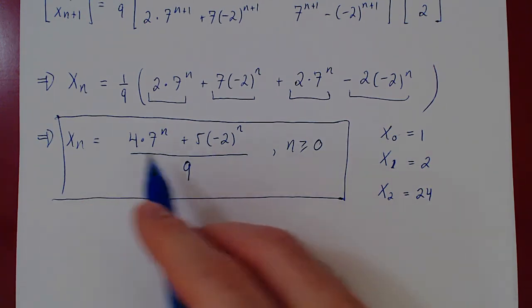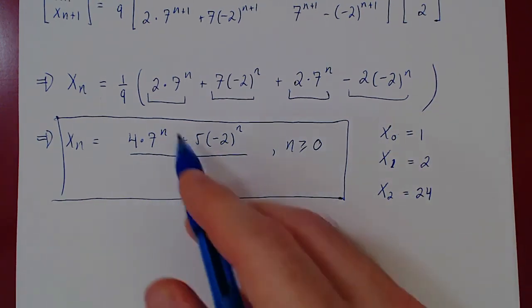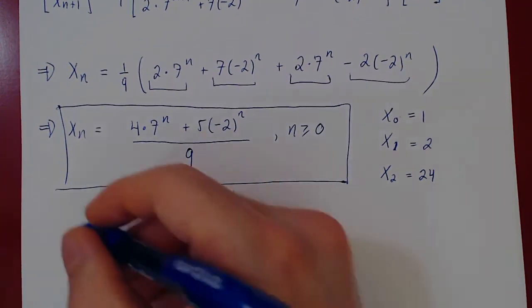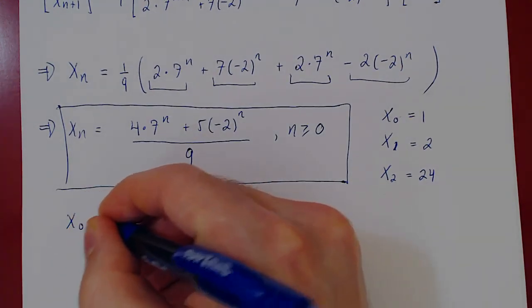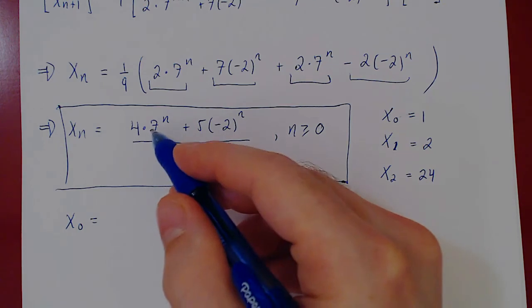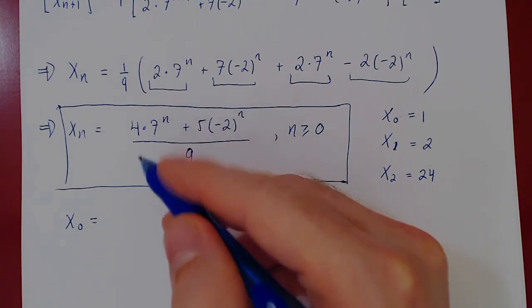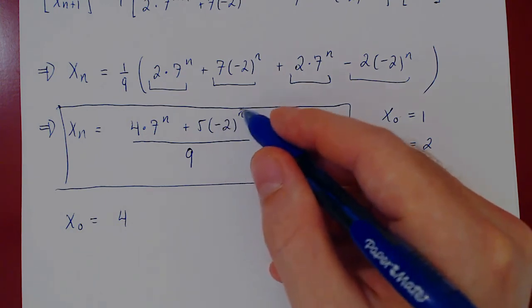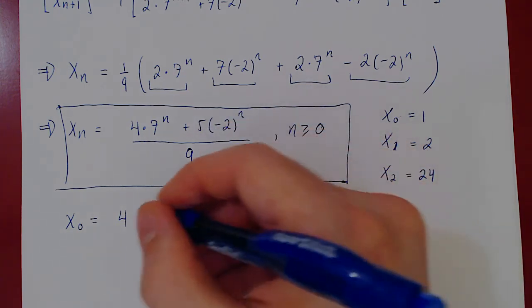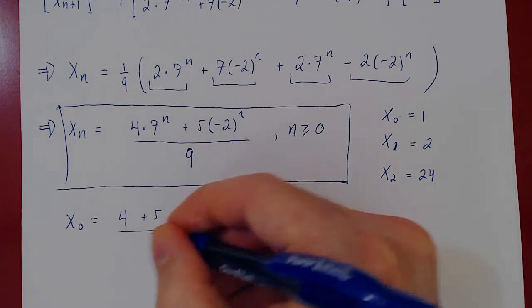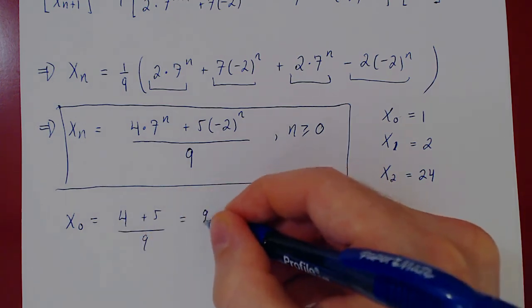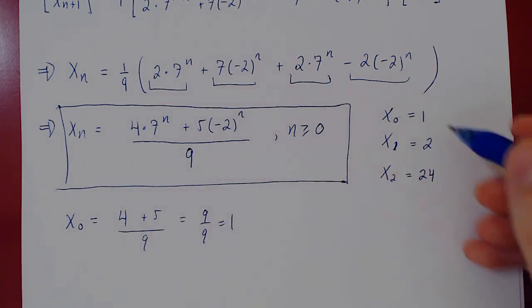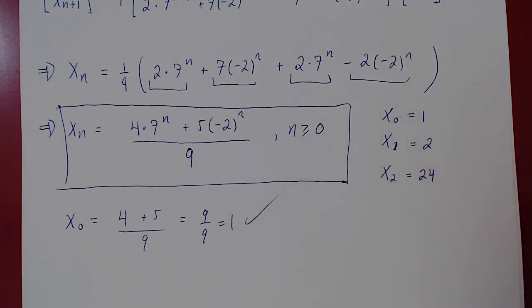So let's just check that this formula holds, that we haven't made a mistake in our calculation. So x0, if we use the formula, well, 4 times 7 to the 0 is, this is 1, so it's just 4, plus negative 2 to the 0 is 1, plus 5, over 9. 4 plus 5 is 9 over 9, which indeed gives us 1, as expected.